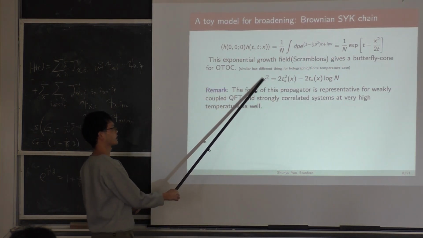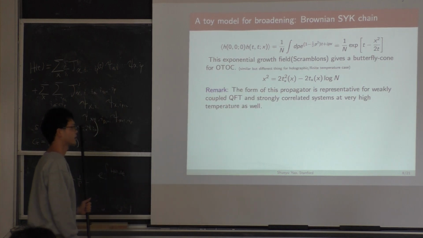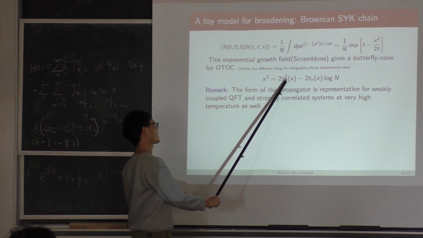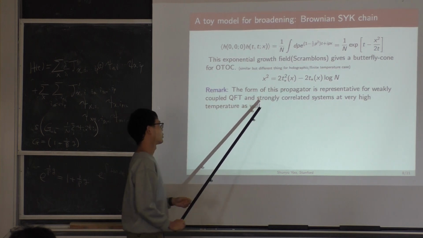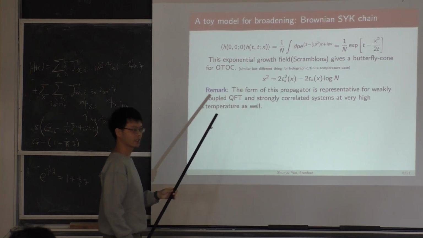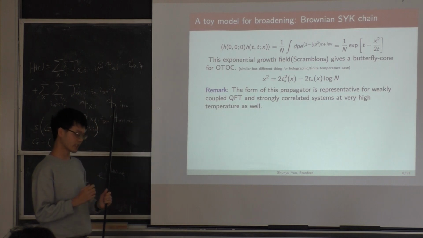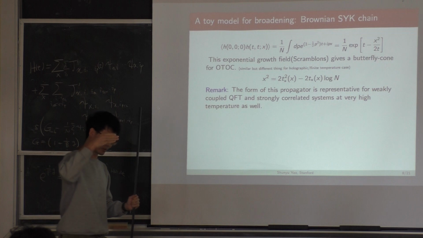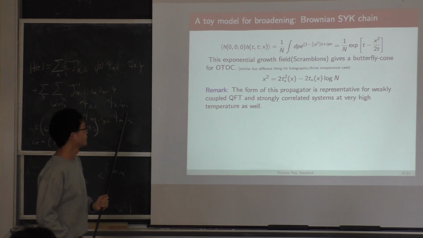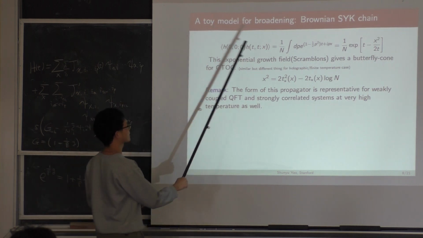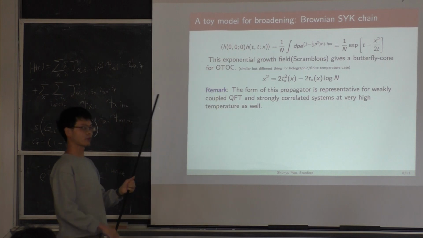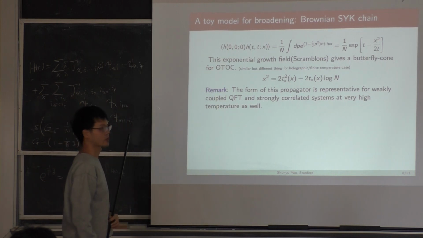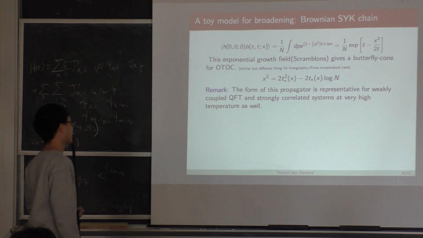So that is this formula here. This formula is basically the definition of this T star as a function of x. What this T star means is where the butterfly cone is at the spatial location x. So if you just take this formula, that will give you this sort of sharp butterfly cone we were drawing earlier.